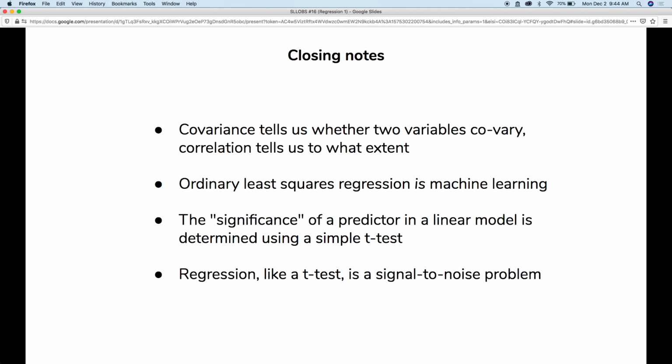I'll reiterate that OLS is machine learning. The significance of a predictor in a linear model in a simple case like this is just a t-test. That's the only thing you're doing to tell whether a predictor in a model is significant. And regression, like a t-test, can be framed as a problem of signal to noise, where the signal is your slope and the noise is sort of your uncertainty surrounding that slope estimate.